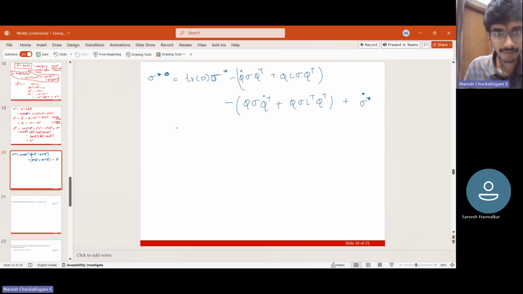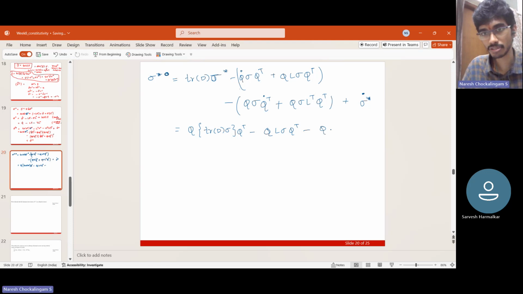Now rearrange the terms. Sigma star is nothing but Q sigma Q transpose, so the trace of D can be inside. You get Q trace of D sigma Q transpose. Take all the terms with the Q transpose to one side, so you get a minus Q L sigma Q transpose minus Q sigma L transpose Q transpose.